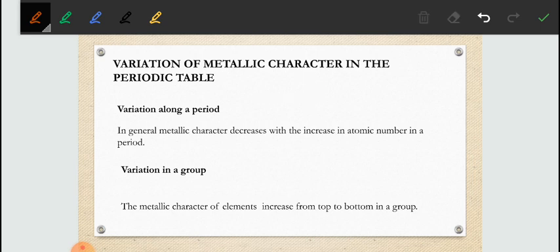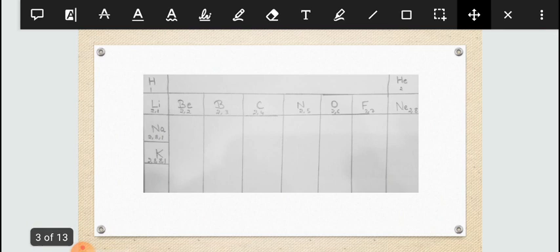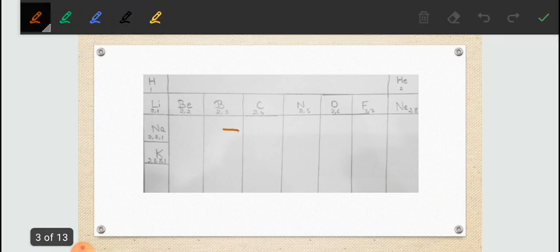Again I'm repeating, when we are moving across the period from lithium to fluorine, we know shells remain the same but nuclear charge increases.